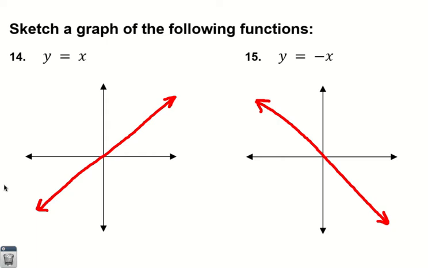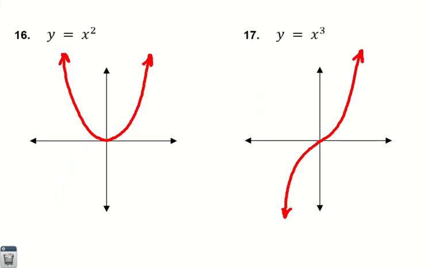But again, it's in your best interest to memorize that the equation y equals x is this basic sketch of a line, and that y equals negative x is this basic sketch of a line, and y equals x squared is this basic U shape.